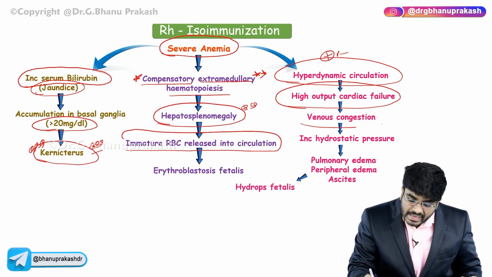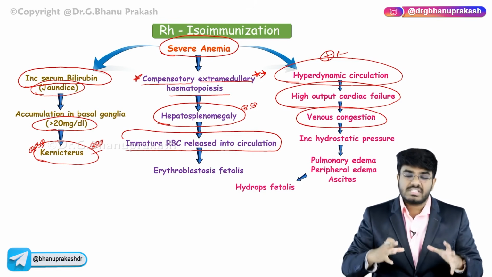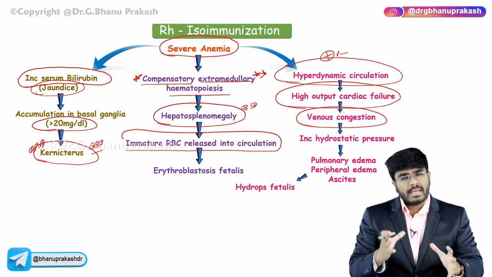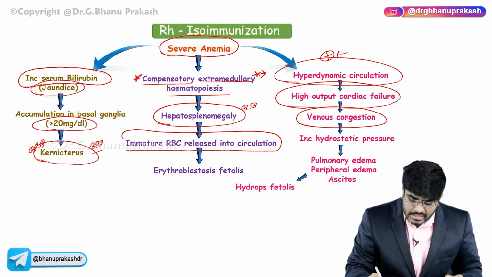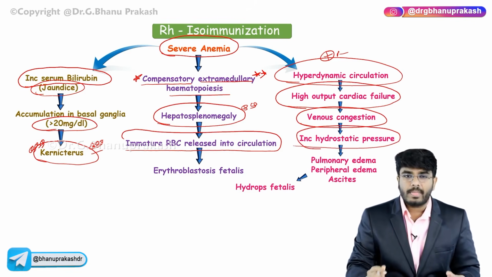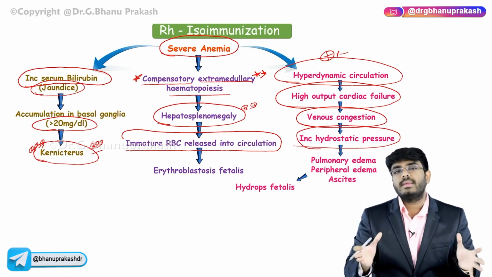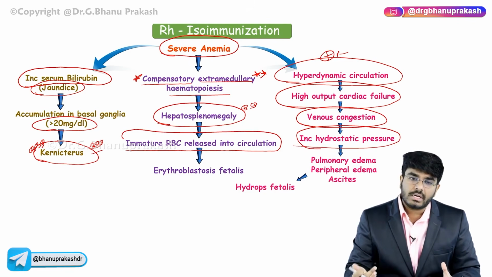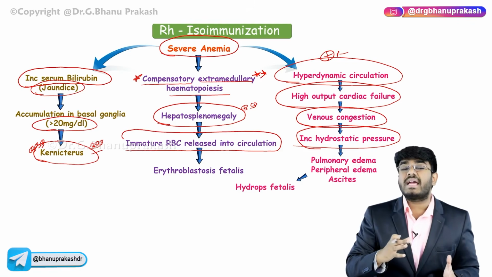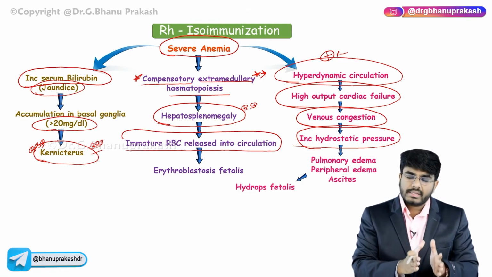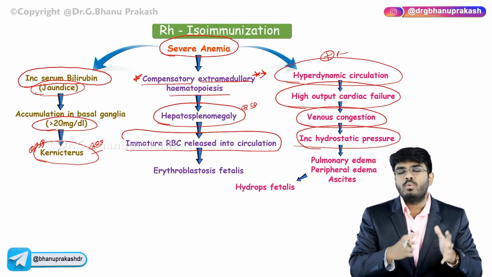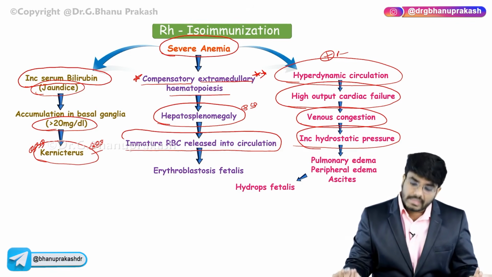Such stagnant blood, venous congestion, helps in development of increased hydrostatic pressure. Whenever there is venous stasis, we know there is increased hydrostatic pressure, and automatically the plasma is going to ooze out of the capillaries. That leads to edema, right?